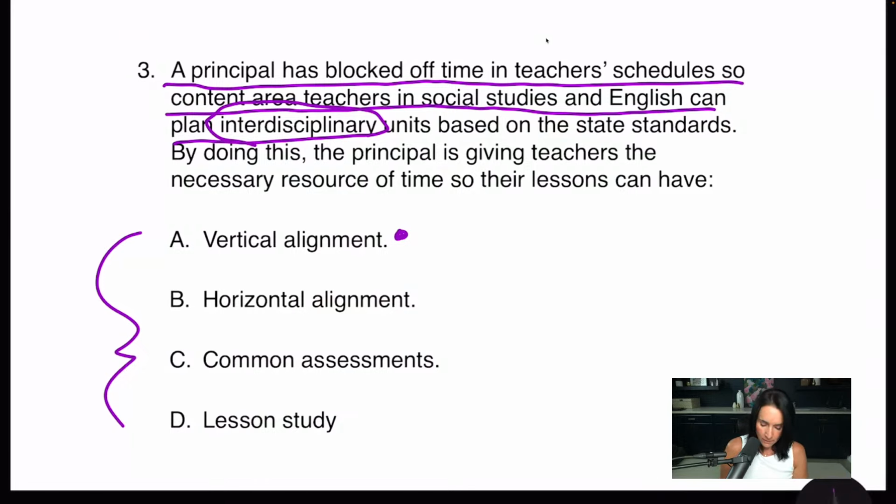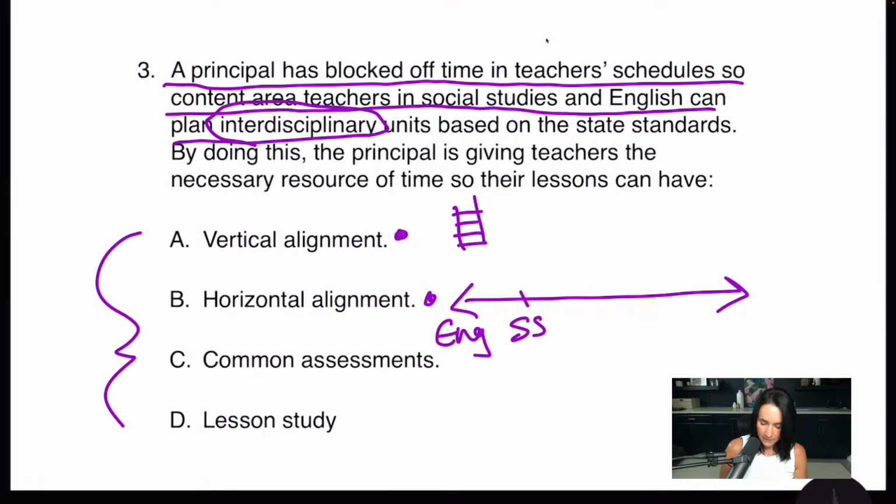Now, horizontal alignment. Let me do a little ladder there. Horizontal alignment is across the school. So you might have English, social studies, and PE, and then math, and then science. In this case, we're talking interdisciplinary.